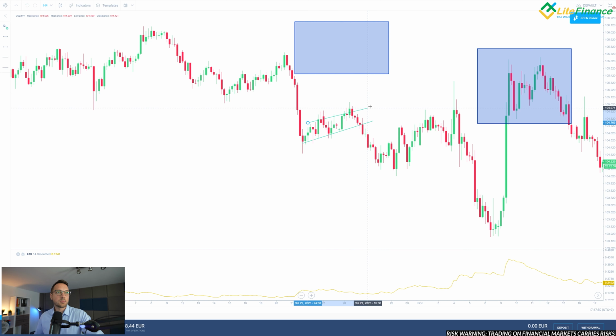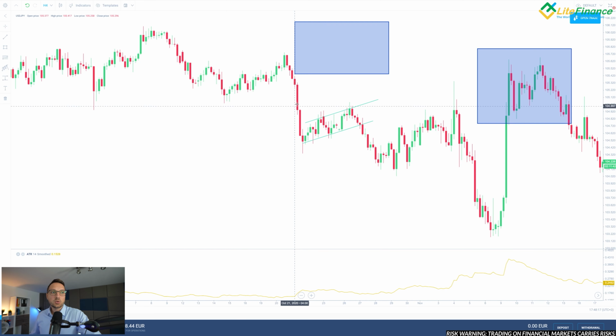So if we mark them alongside with the bodies, as you can see, they are parallel to themselves. So the concept is almost the same as with the wedges. It is surely after a strong significant move, and therefore it should also signal either a reversal or a continuation.